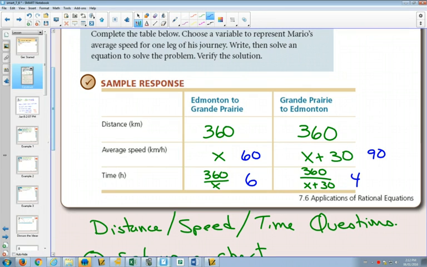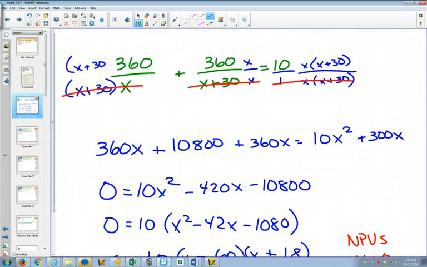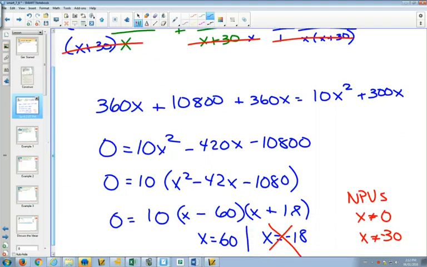Does that add up to 10 hours? Yes, it does. Where this one doesn't work very well is the factoring has really, really large numbers. It's not always going to be really large numbers, but sometimes it's going to be large numbers.